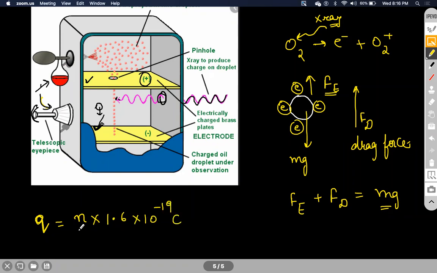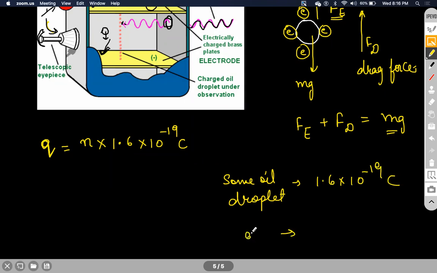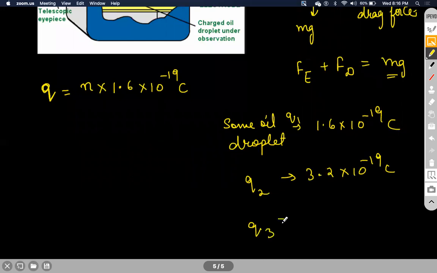This means what? I'll tell you. Let's say some oil droplet has 1.6 into 10 to the power minus 19 coulomb, some has Q2 charge like 3.6 into 10 to the power minus 19 coulomb, and some oil droplet has 4.8 into 10 to the power minus 19 coulomb.